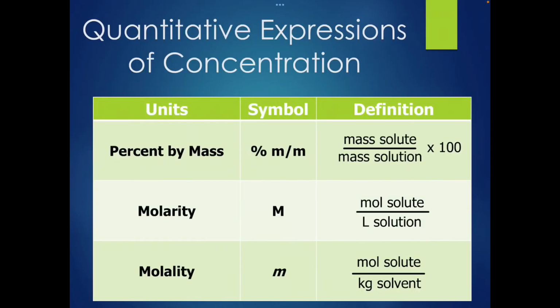Okay, so far we've talked about qualitative expressions of concentration. Things like concentrated, which means it has a lot of solute, versus dilute, which means it doesn't have very much solute, right? But you've noticed by now that this is a math-based course, and we need to have numbers to describe how much stuff is dissolved.